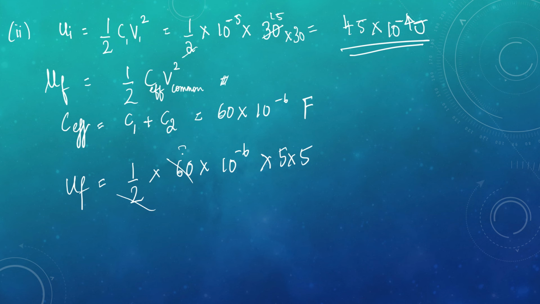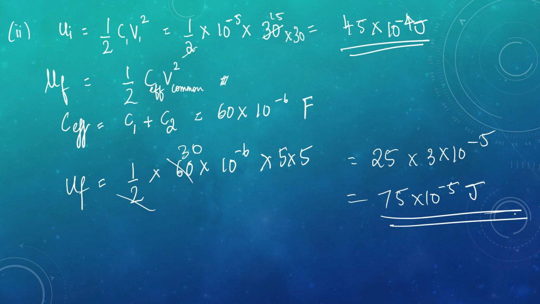So 2 30s, so it will be 25 into 3 into 10 raised to minus 5. 75 into 10 raised to minus 5 joules will be UF.